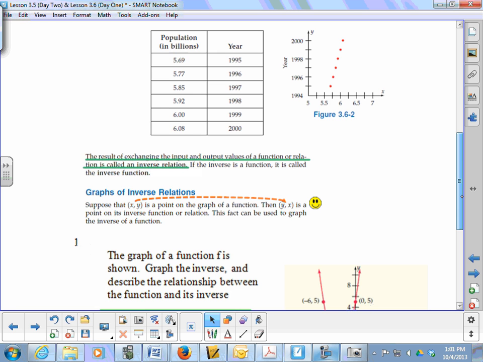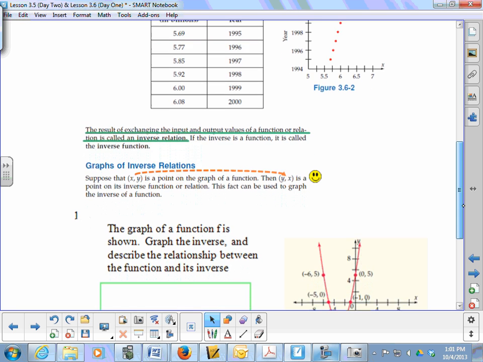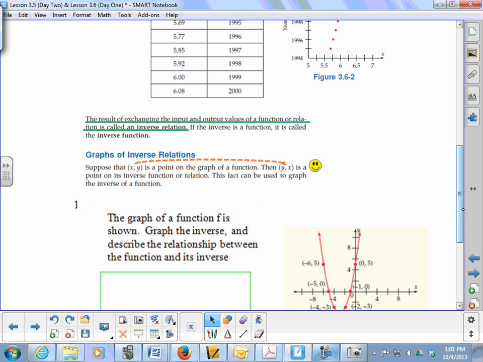It isn't perfectly good the way it is, because the question that you're trying to solve needs to be answered with it the other way. Oh, well, the opposite of what it already was. Pretty much. So the result of exchanging input and output values of a function or relation is called inverse relations, or finding the inverse of a function.